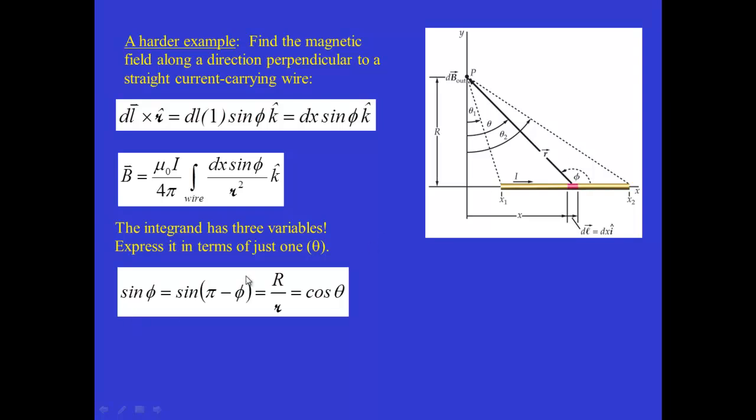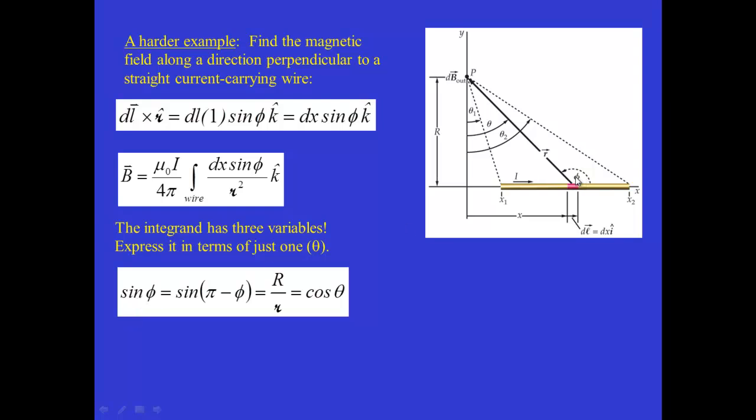So phi is equal to pi minus theta, right? And so, wait, is that right? Let me think about it for a second here. Okay, this angle, as I said before, is 90 minus theta, or pi over 2 minus theta, which is pi minus phi. So pi over 2 minus theta equals pi minus phi. So theta equals pi over 2 plus phi. Okay, all right, so that gives us the relationship between them.